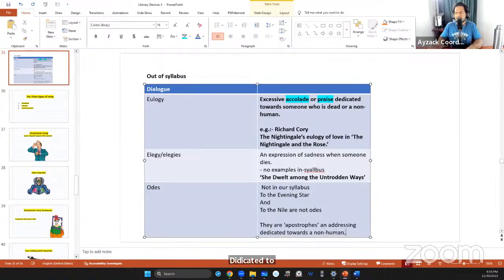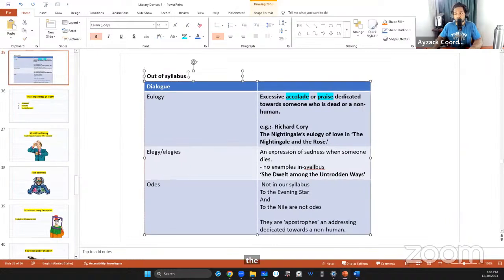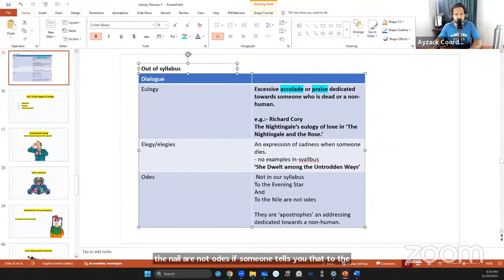If someone tells you that To the Evening Star or To the Nile are odes, slap them, they can't be odes. There are 5 great odes by John Keats. The 5 great odes by John Keats are not recognized by our syllabus.